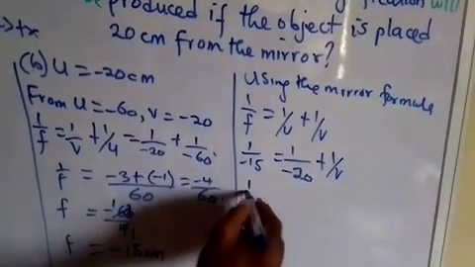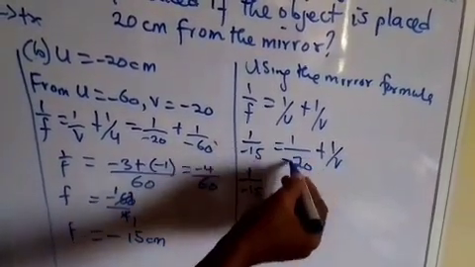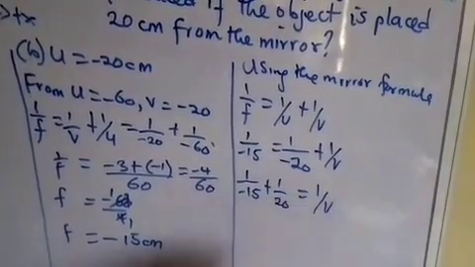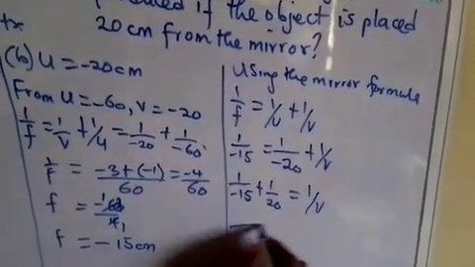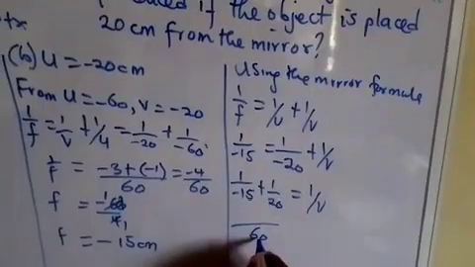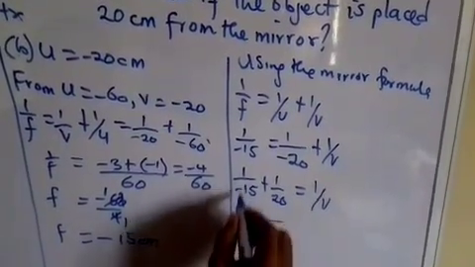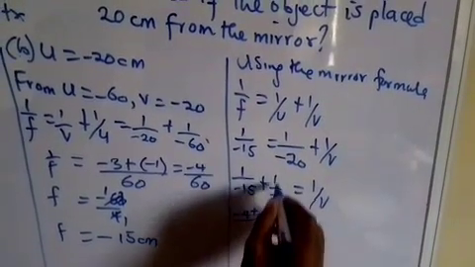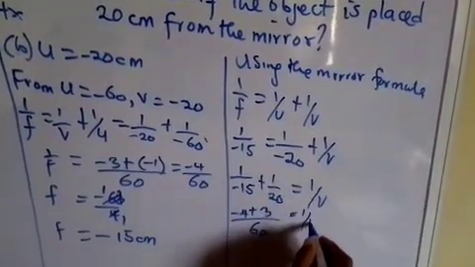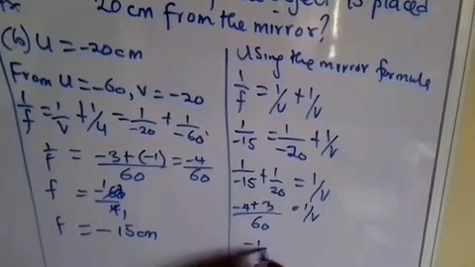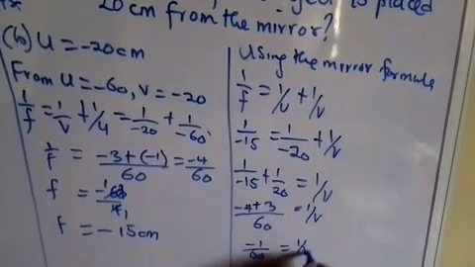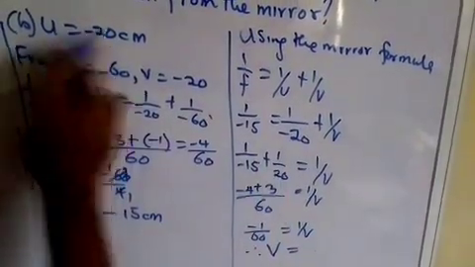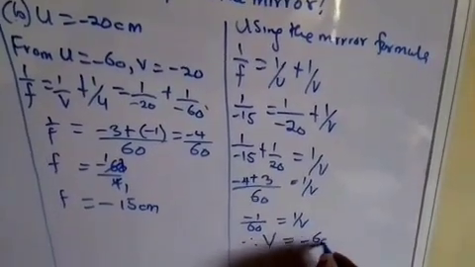Collecting like terms, I have 1 over minus 15, minus crossing over becomes plus 1 over 20, equal to 1 over V. When you take LCM here, this is 60. 60 divided by 15 is 4, times minus 1, minus 4, plus 60 divided by 20 is 3, 3 times 1, 3, equal to 1 over V. So we have minus 1 over 60 equal to 1 over V. Therefore, the new image distance, when the object distance is 20, is going to be minus 60 cm.